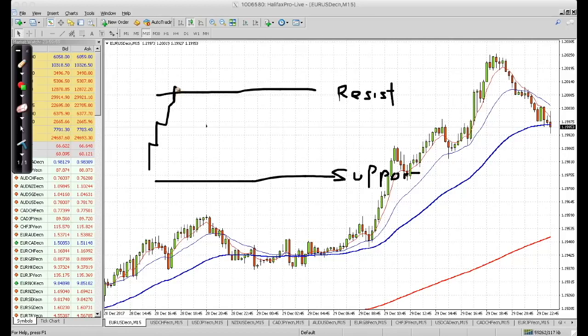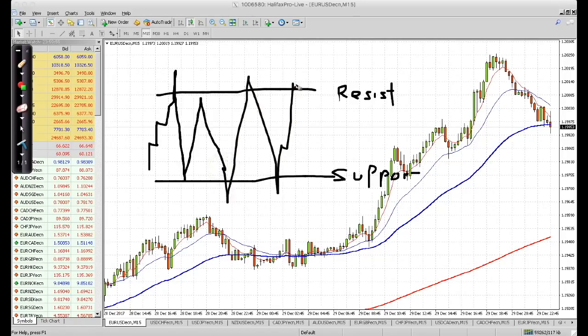It can go a bit above that and come down. Similarly, it may touch support here, go up, and sometimes it may not even reach that line. It may fall short and come down. And again, it doesn't stop exactly at that level. It could pierce below that level and go up. And like so.